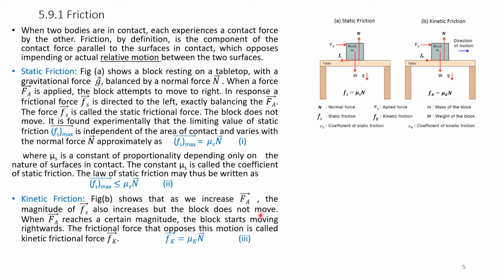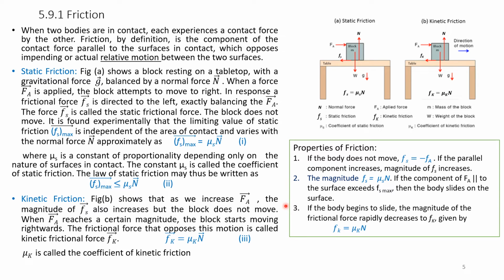Fk is equal to mu k times N, where mu k is the coefficient of kinetic friction. These are the equations between static friction and kinetic friction with reference to their respective coefficients mu s and mu k as well as the normal force.